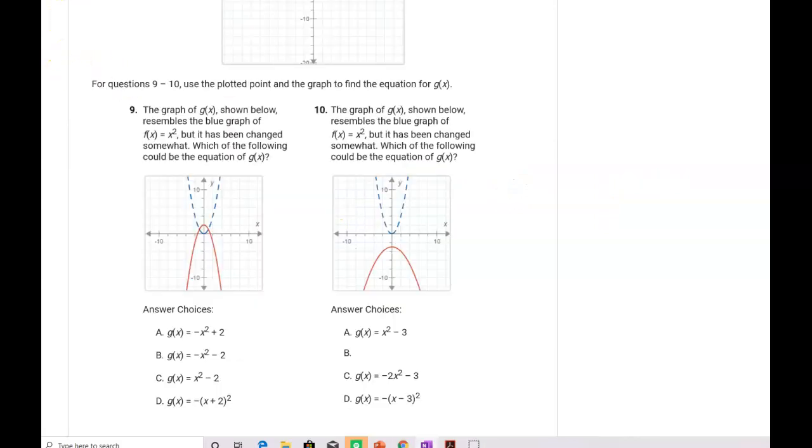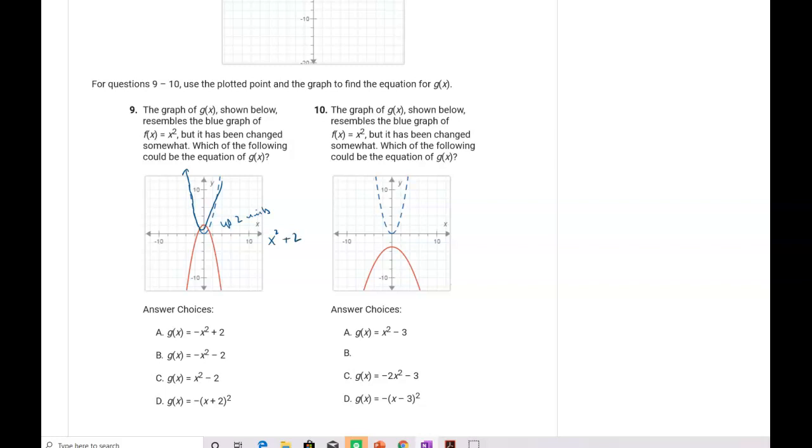So in this example here, it says the graph of g of x shown below resembles the blue. So g of x is this blue graph, right? Now, if that's the blue graph, what is happening? Well, you know the vertex went up 2 units. So right away when it goes up, you know you have x squared plus 2.